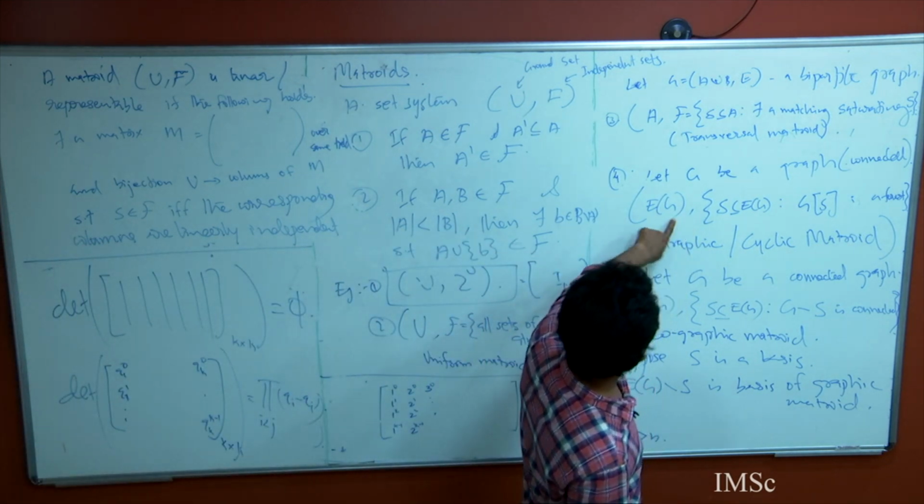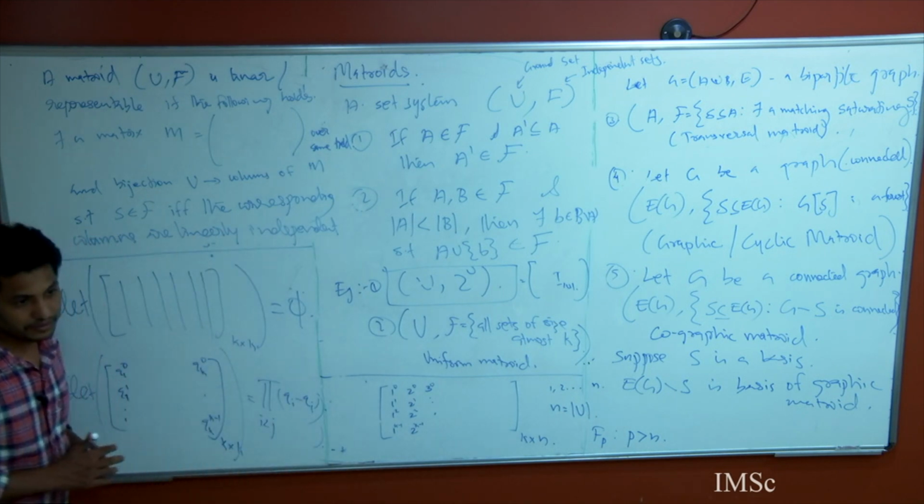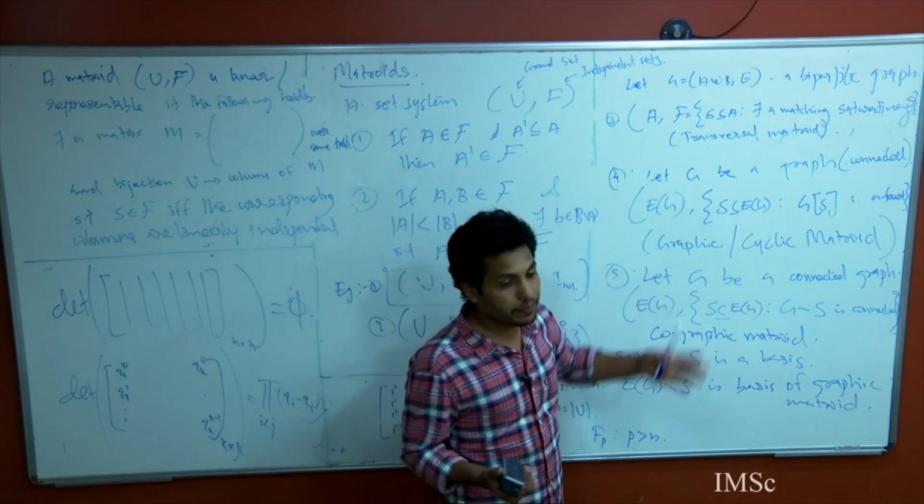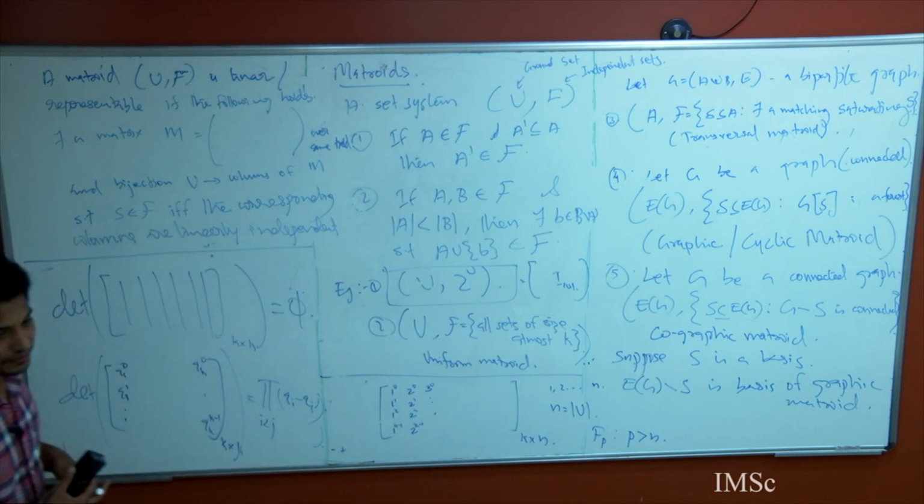How will we see a representation for the graphic matroid? Okay, so what do we want for a representation of a graphic matroid? We want a matrix, and the columns should correspond to edges.